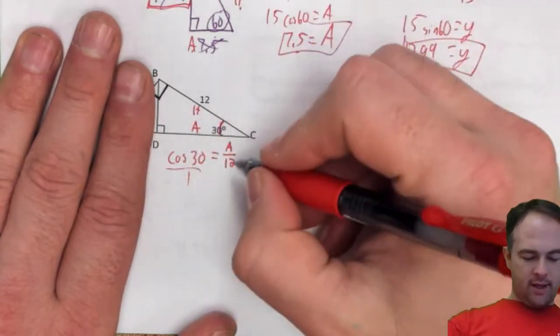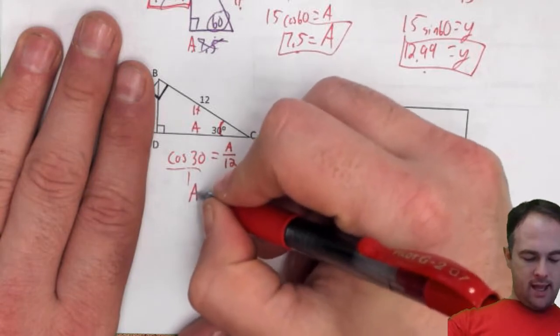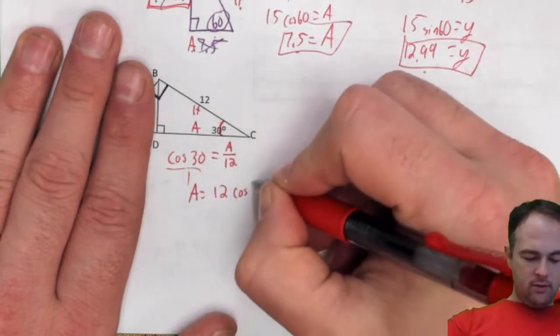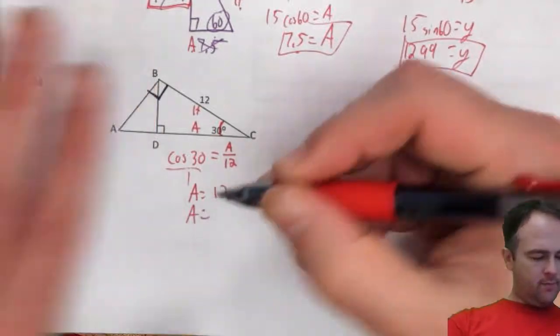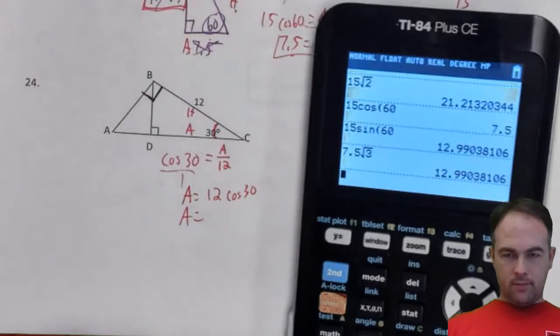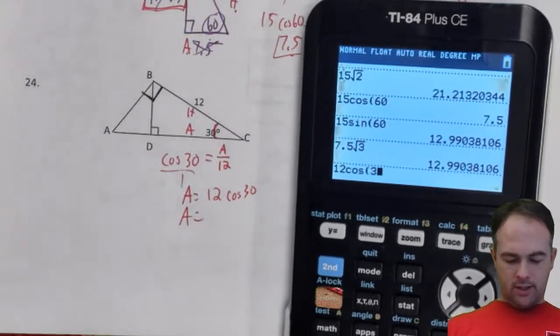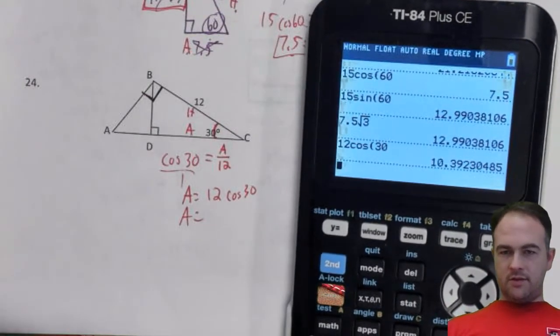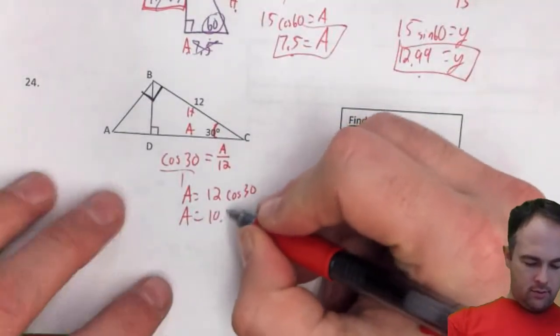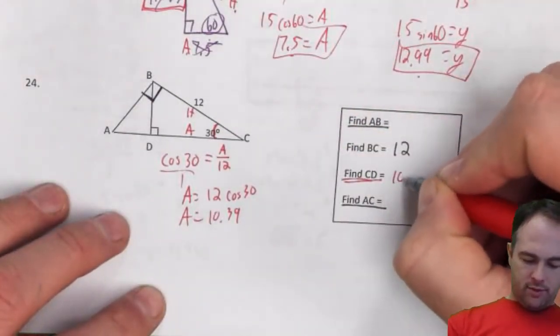Cross multiply that. A times 1 is A, or 12 times cosine 30 is 12 cosine 30. So now we run to the calculator, and 12 cosine 30 gives me 10.39. Write that in both places.